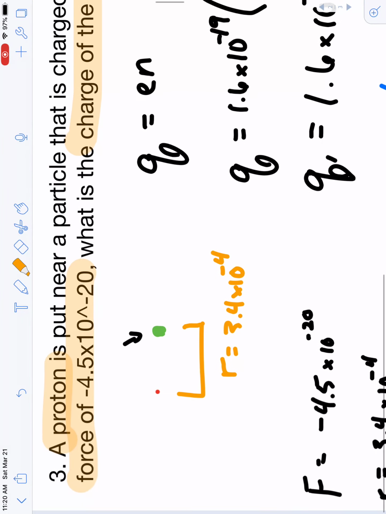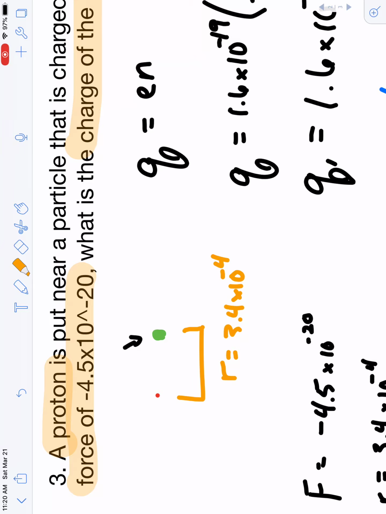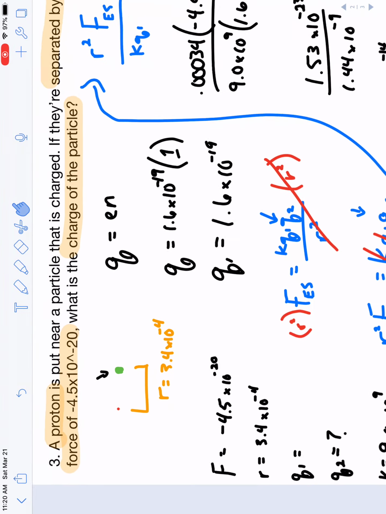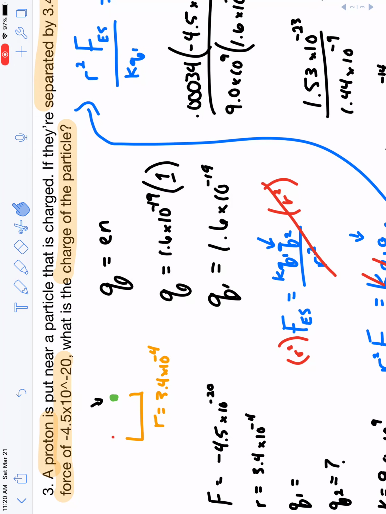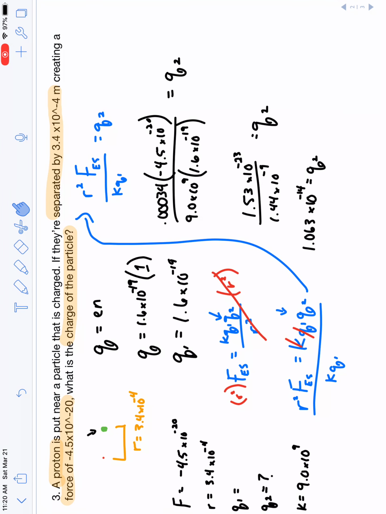You should still be able to solve this problem because it specifically tells you that it's a proton. You need to know that the elementary charge is the charge for a single proton or electron. Then in the blue, we rearrange the equation, plug in, and solve.